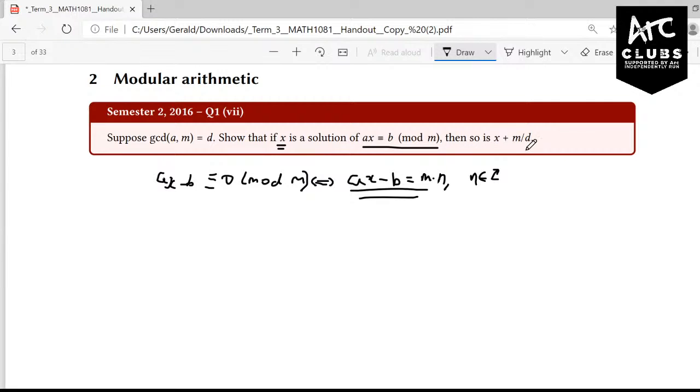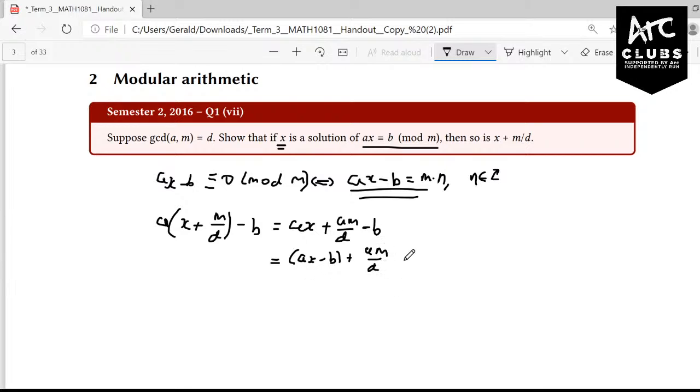So if we plug this part here in place of X, what we actually end up with is A times X plus M divided by D minus B. Well, if we expand that, then we get AX plus A times M divided by D minus B. Well, if we just rewrite it like this, then what we have here is the following.